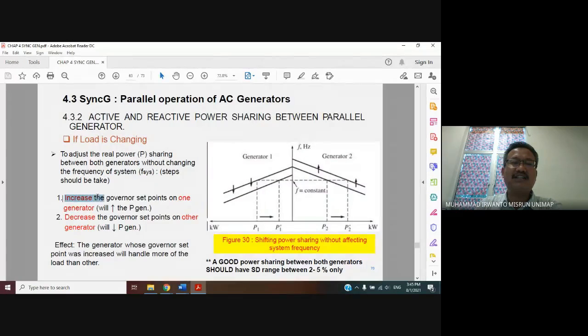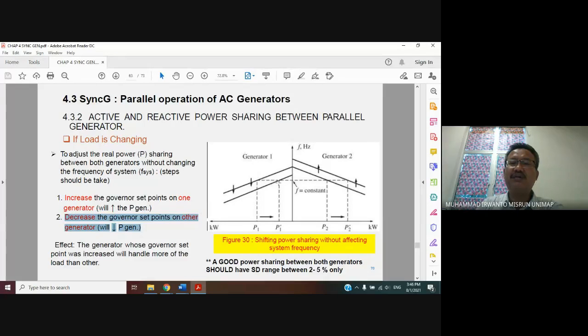So increasing the governor set point of one generator will increase that generator's power. When the active power of the generator increases, to maintain the frequency at a constant value, we decrease the governor set point on the other generators.